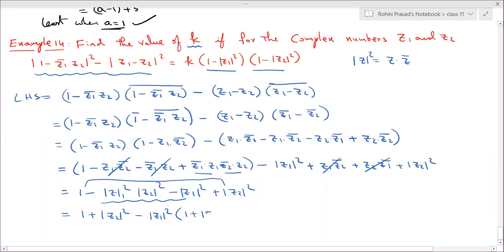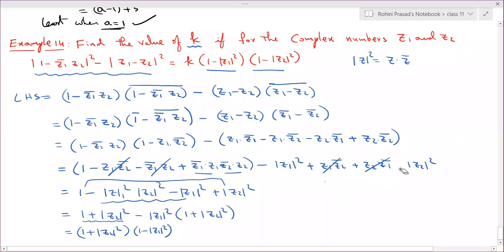So 1 plus mod Z2 square equal to, and then 1 plus mod Z2 square if you take common, 1 minus mod Z1 square.